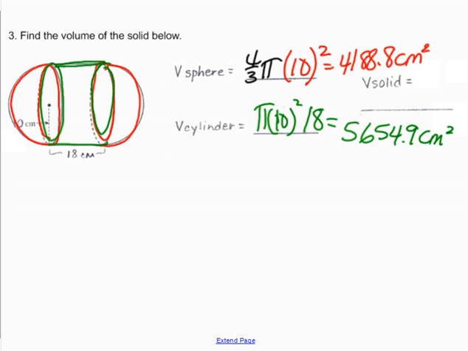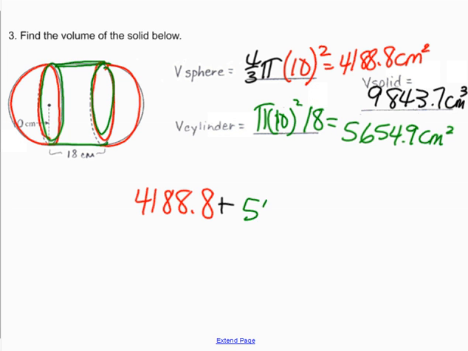And the volume of that solid then is 9,843.7 centimeters cubed, because I added the red and the green together. So I added 4188.8 plus 5654.9, and that equals 9843.7 centimeters cubed.